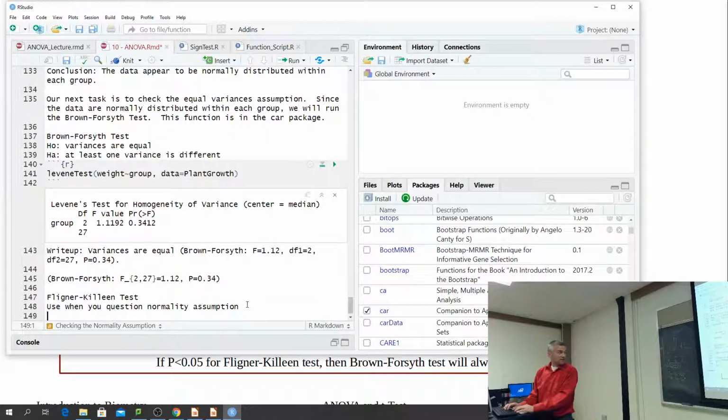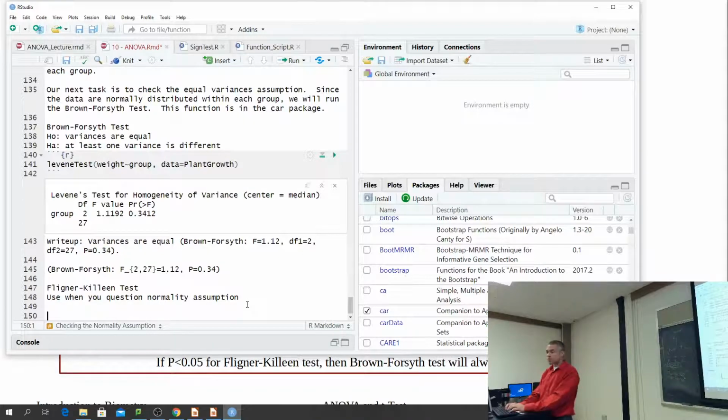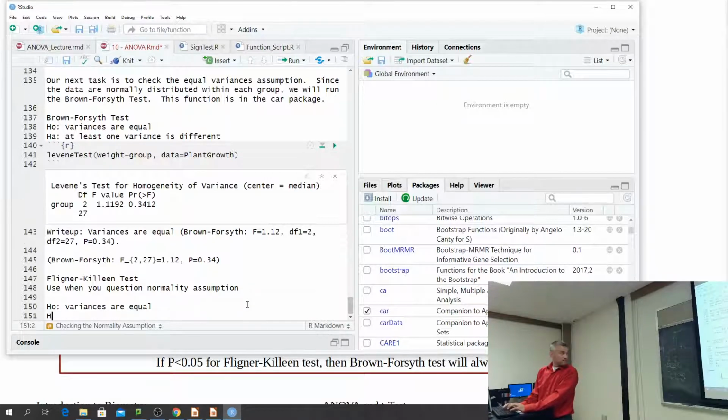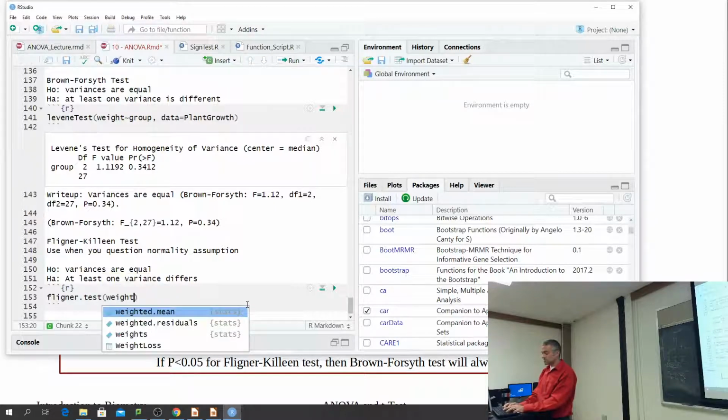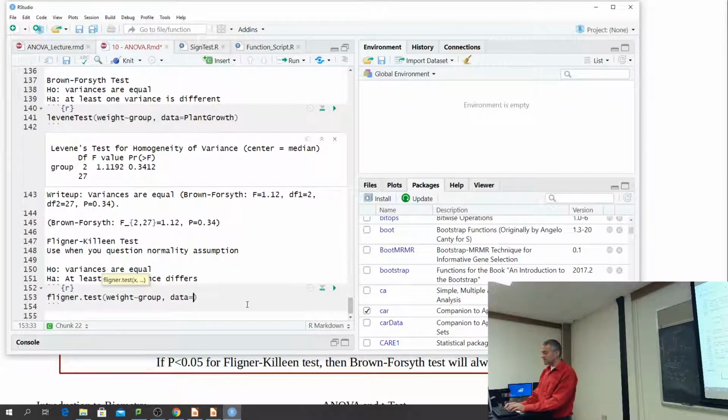We're going to use the Fligner-Killeen test when we question our normality assumption. So our null hypothesis is the same: variances are equal. Our alternate hypothesis is that at least one variance differs. And this function is just fligner.test, and we do it the same way. So we're doing weight as a function of group, where our data is plant growth.